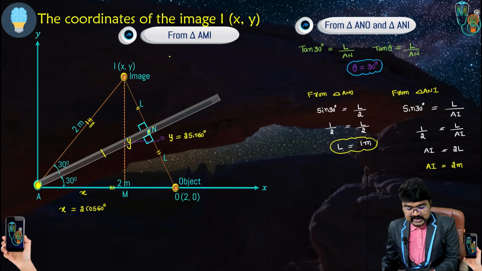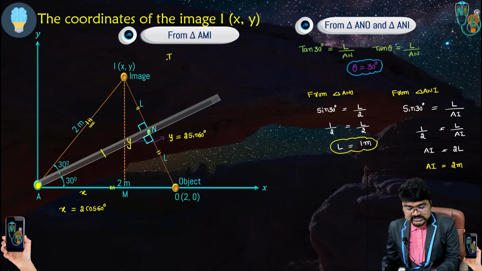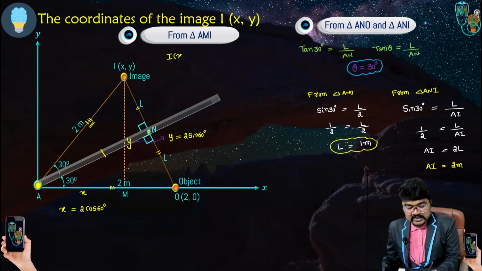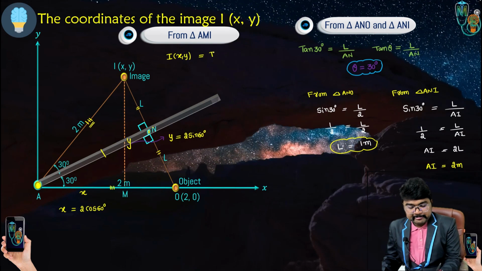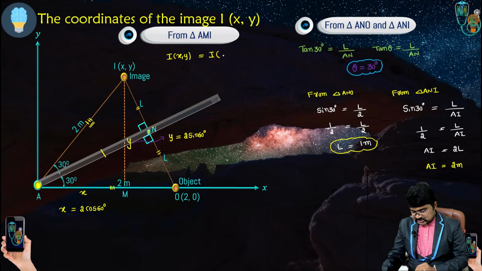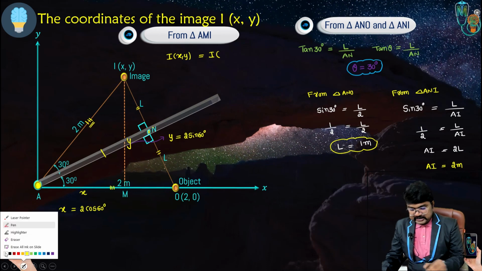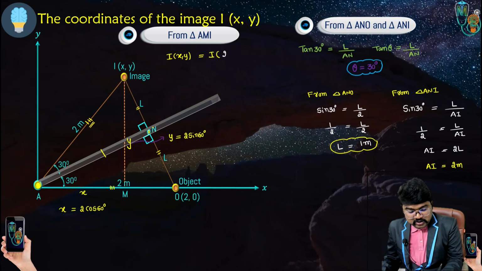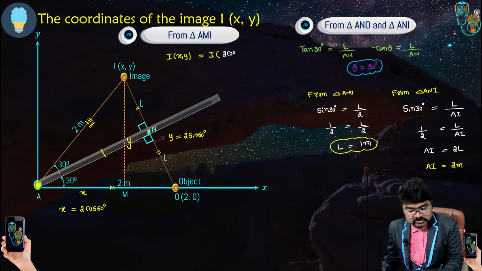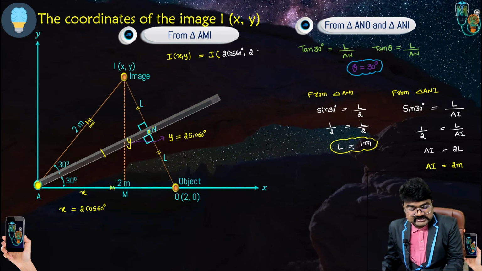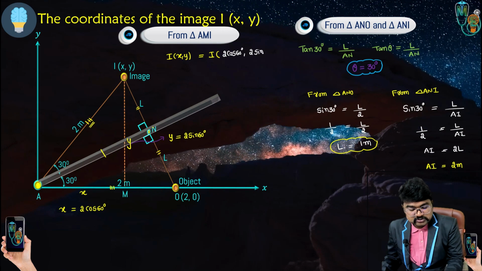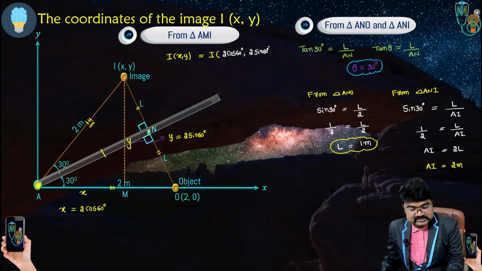From this triangle, I(X, Y) equals I(2 cos 60, 2 sin 60). Both are positive.